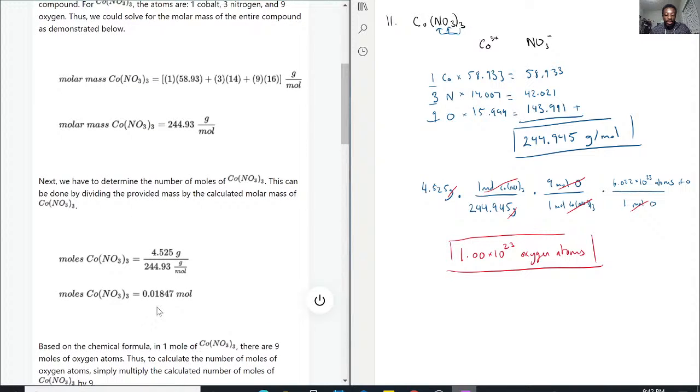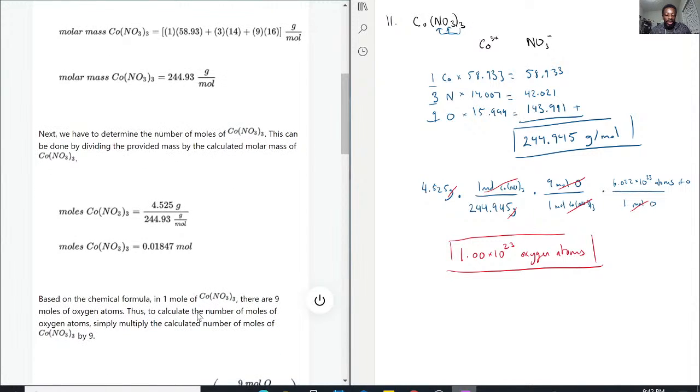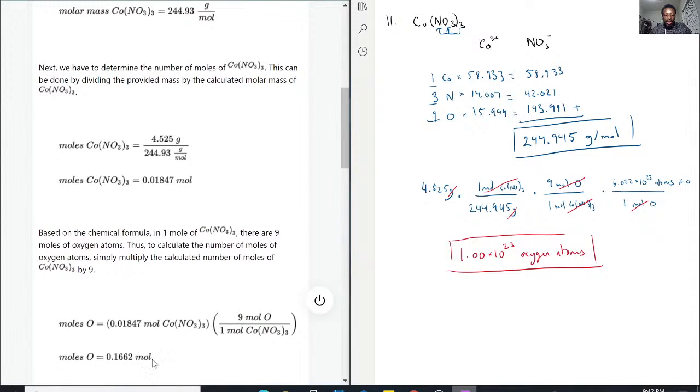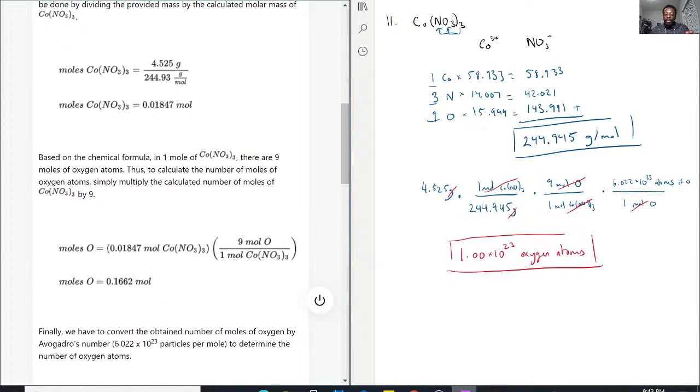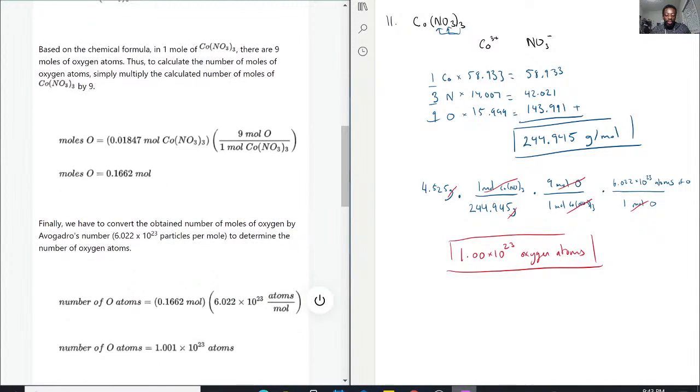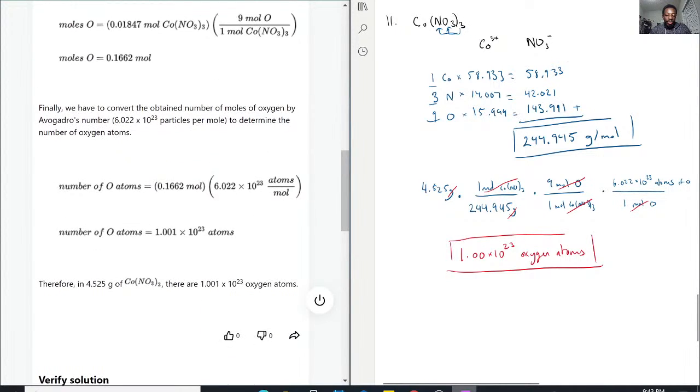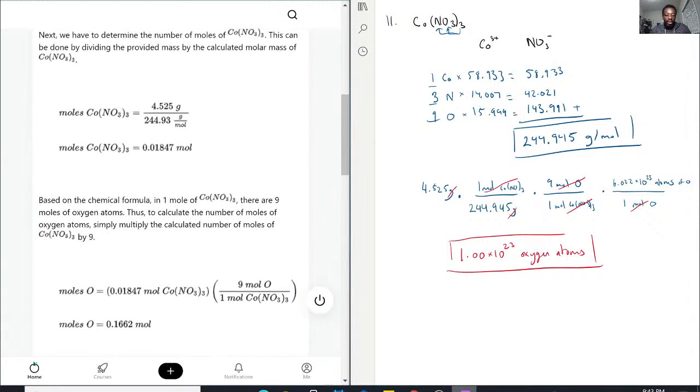Well, that's what they did, 0.01847. Then they multiply that by 9, because there's 9 moles of oxygen atoms, and they got 0.1662. Then they used Avogadro's number, perfect, and they got 1.001, which is actually what I got. I just wanted to round up a little bit earlier, but exactly, they should.